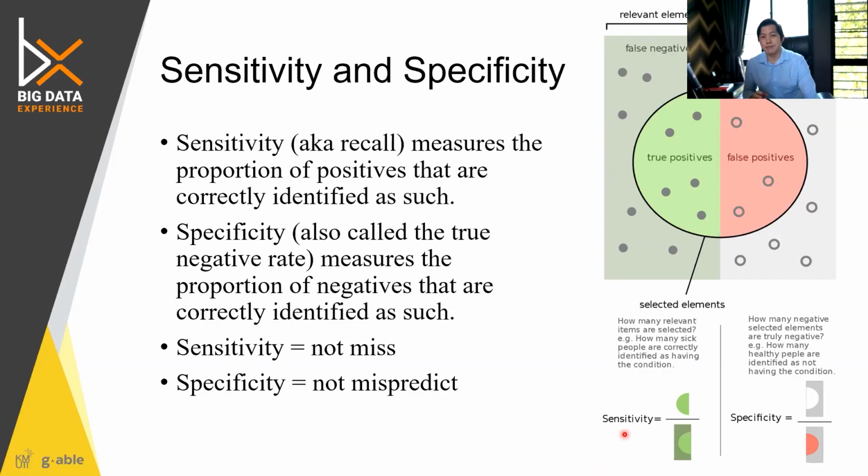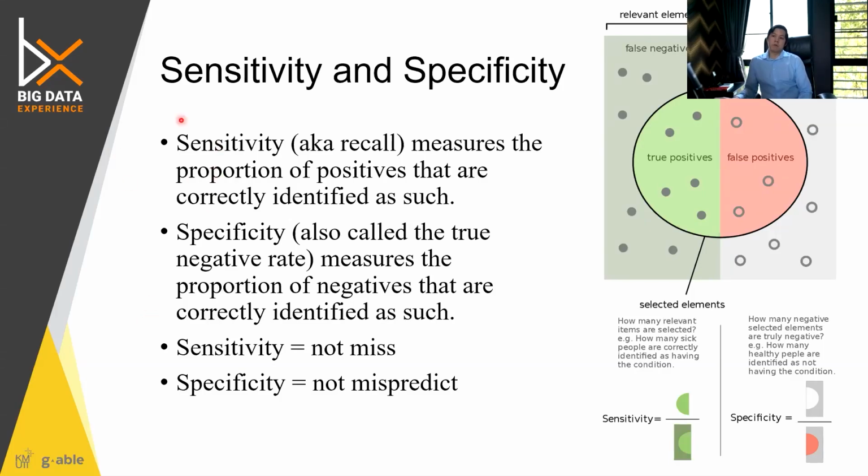So sensitivity is recall. Specificity is the true negative rate. Specificity measures the proportion of negatives that are correctly identified. So you can see that both are about correctly identifying the positive class and the negative class.